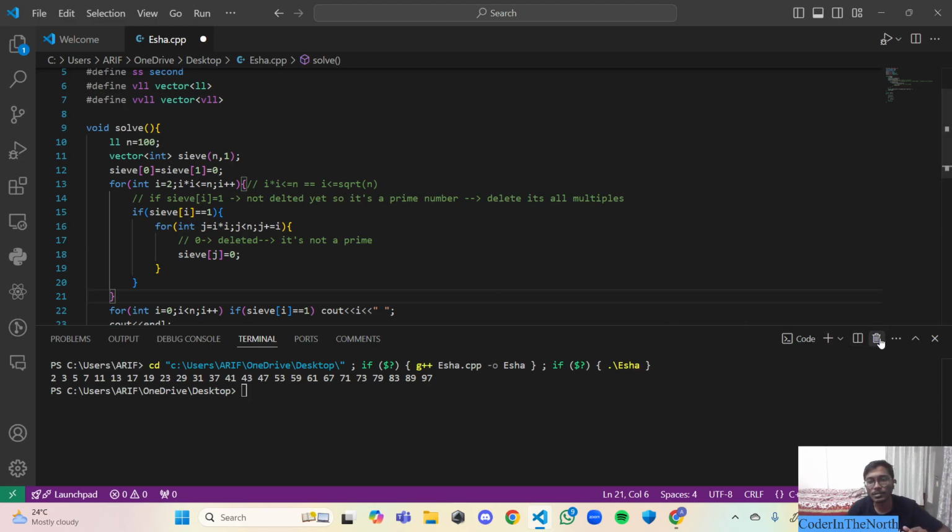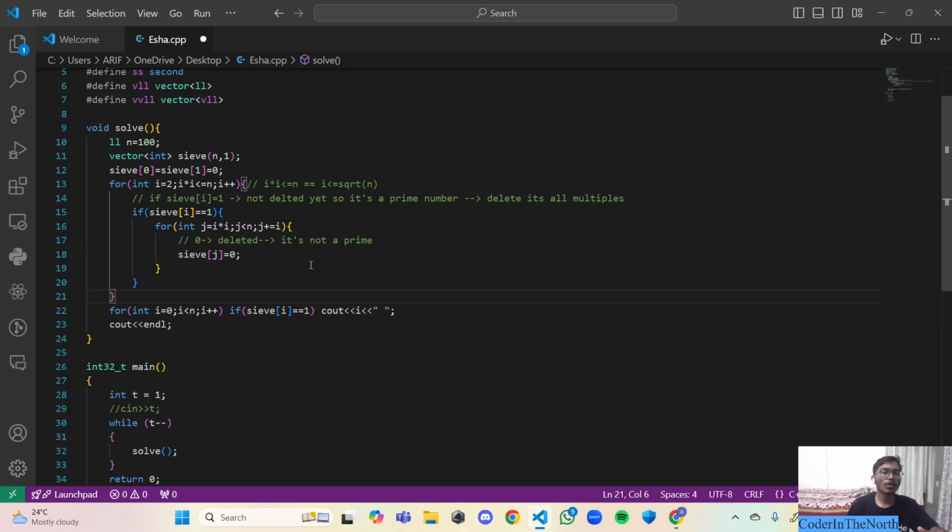This is the code for the sieve. This is not the most optimized. I think there are more advanced sieve optimizations, but this normally works for around 1700, 1800 rated problems.